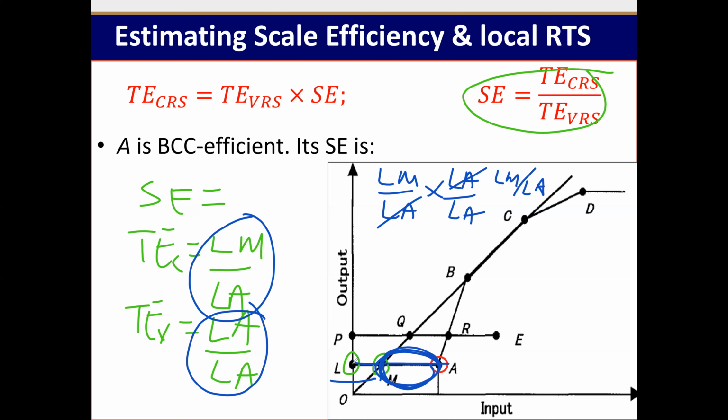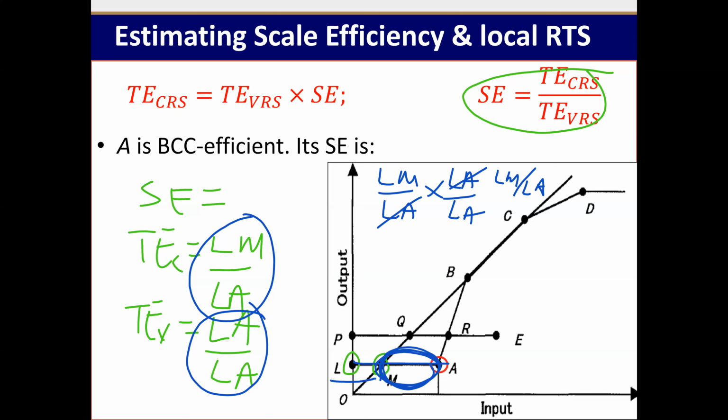Now, when you look at this definition, you will notice that it's below 1. How do we know that it's below 1? Because if you look at the LM distance up to the LA distance, you will see that the LM is shorter than the LA. And because LM is shorter than the LA, the value is expected to be less than 1.